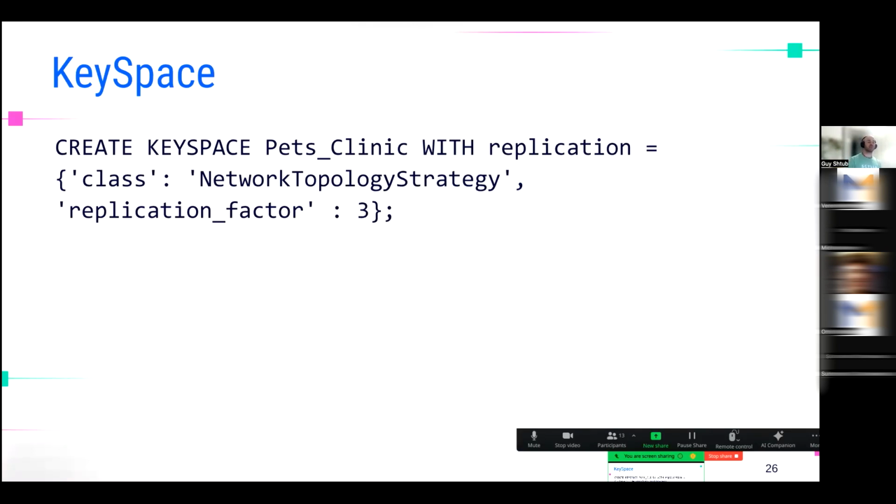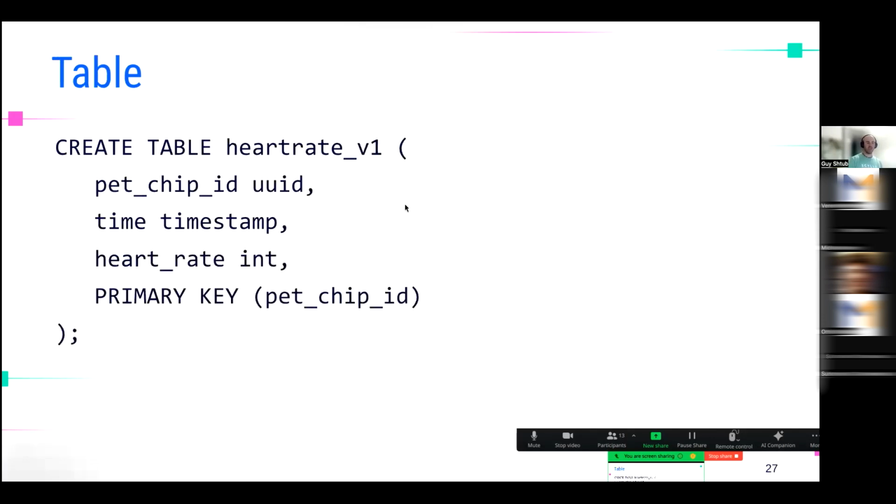In this example, pets clinic, we define the replication factor to be 3, and we create a table within that key space that has the pet chip ID column, time, and heart rate. For each column, we define the data type: UUID, timestamp, sorry, and integer. And we define the primary key. In this case, it's pet chip ID.